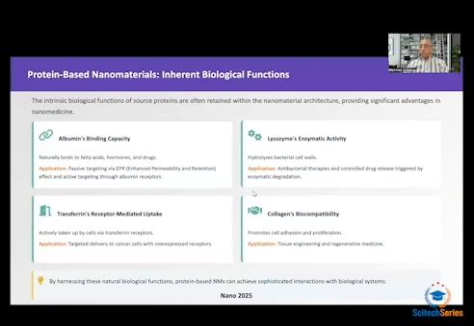The intrinsic biological functions of source proteins are often retained within the nanomaterial architecture, providing significant advantages in nanomedicine.